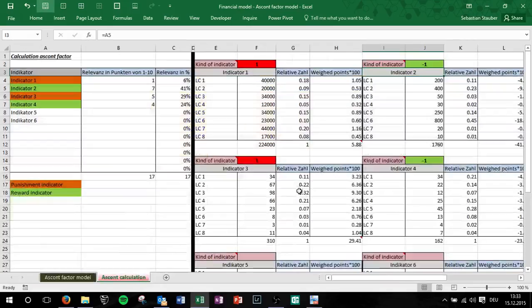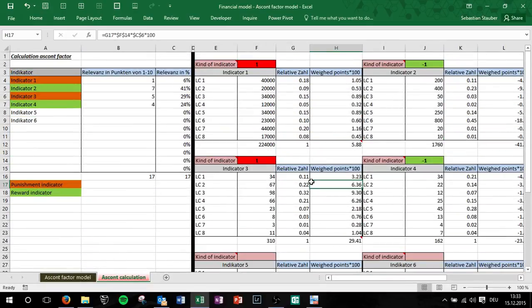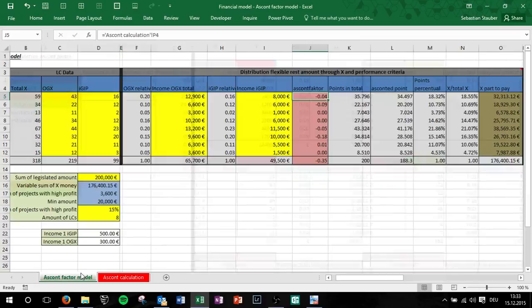This might be good, this might be catastrophic, because you will discuss a lot during the legislative meeting: what indicator is important, what is the relevance of each indicator, is it a punishment or a reward indicator? So you can discuss a lot.